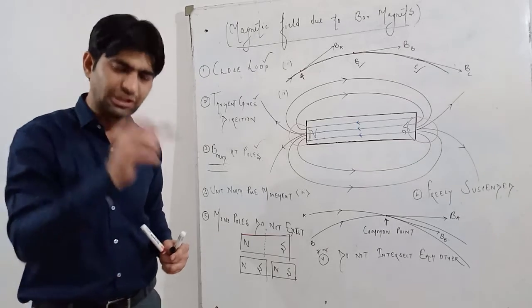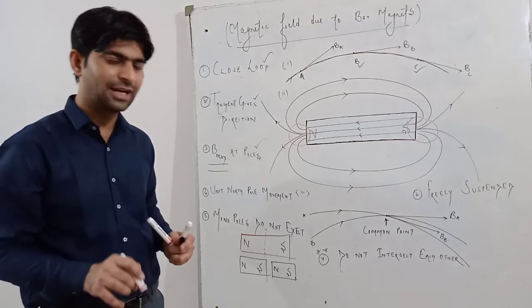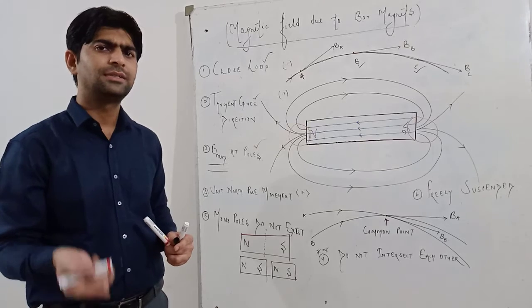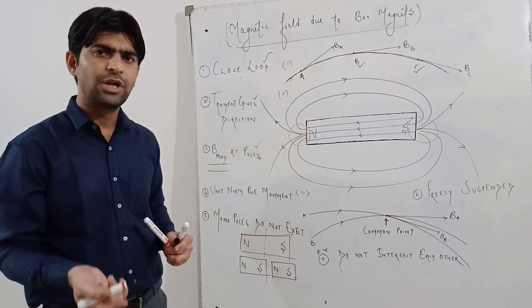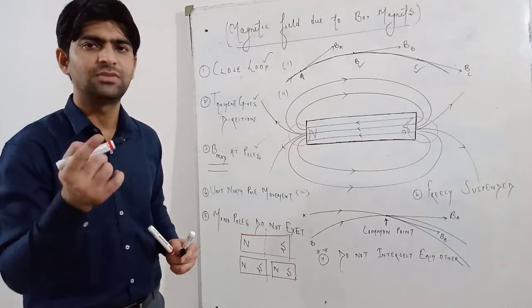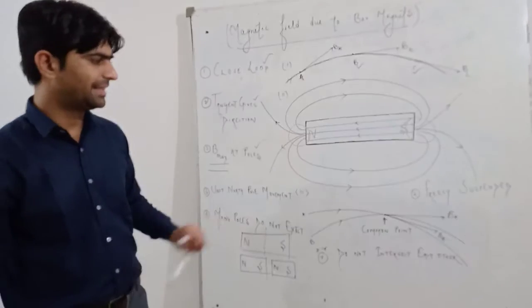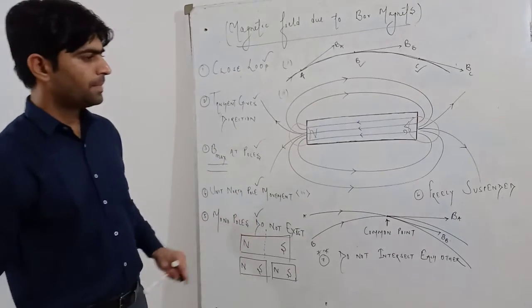Magnetic field is a region, whereas magnetic field lines are the pictorial representation. We may also define magnetic field lines as an imaginary curve along which a unit north pole can move if it is free to do so. So monopoles also do not exist. These are the five properties we have seen on this side.